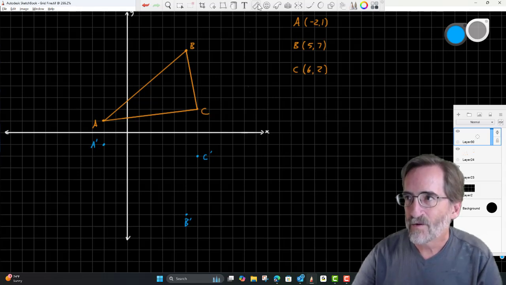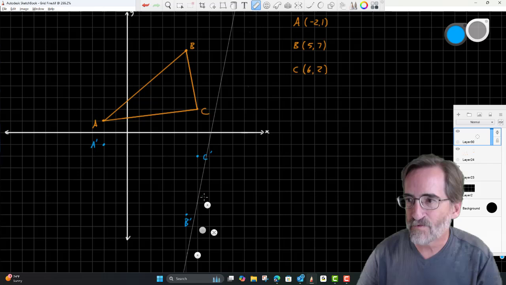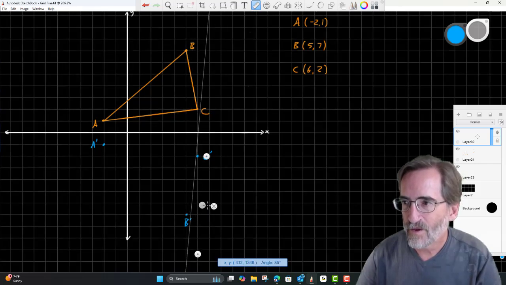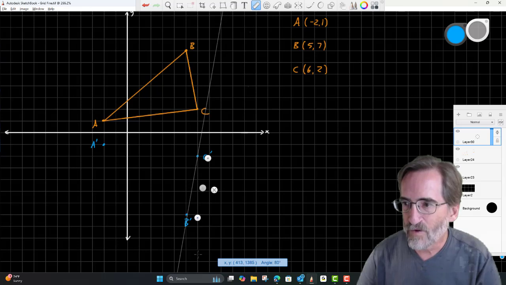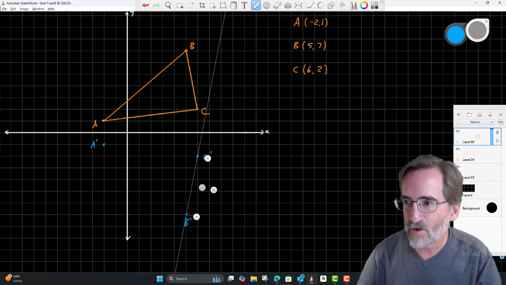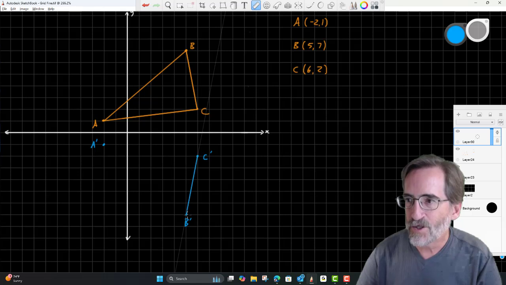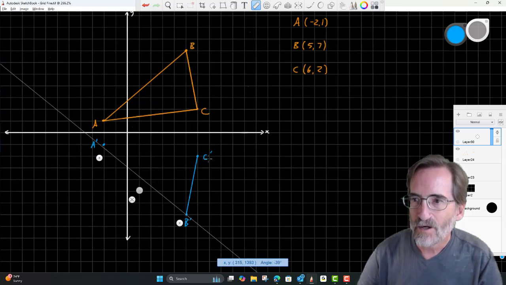Okay, resulting in an x-axis reflection, and this is achieved by taking the coordinates and changing the signs on just the y's.